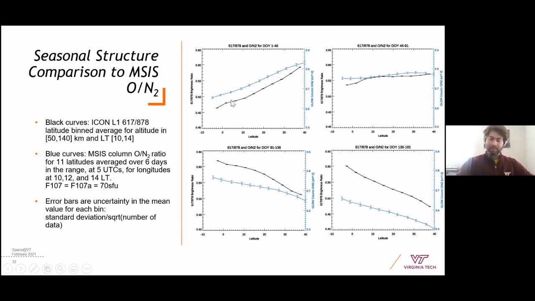And in black, we have our quantity of interest, this EUV ratio. And you can see that the two are following each other fairly closely. So once again, this is very encouraging, telling us that maybe we are seeing something that is telling us about O or N2, which would be exciting.